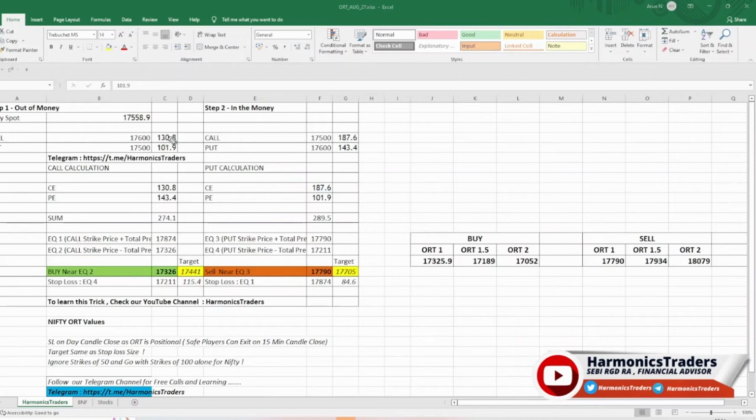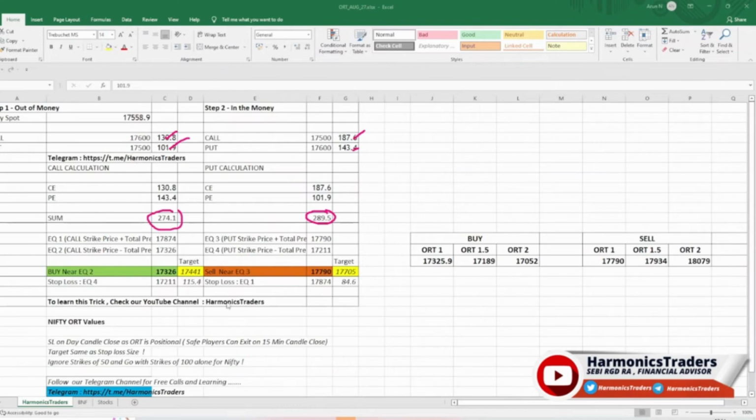once you enter these values in this Excel, it calculates everything automatically. You take the CE and PE and it sums them. Likewise, it takes the in the money CE and PE and sums them. Now we add this 274 to this 17,500 and subtract, and we get all these numbers.